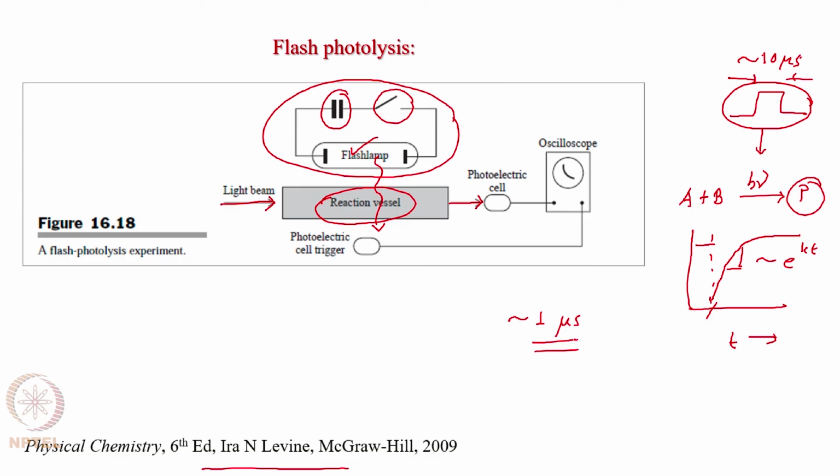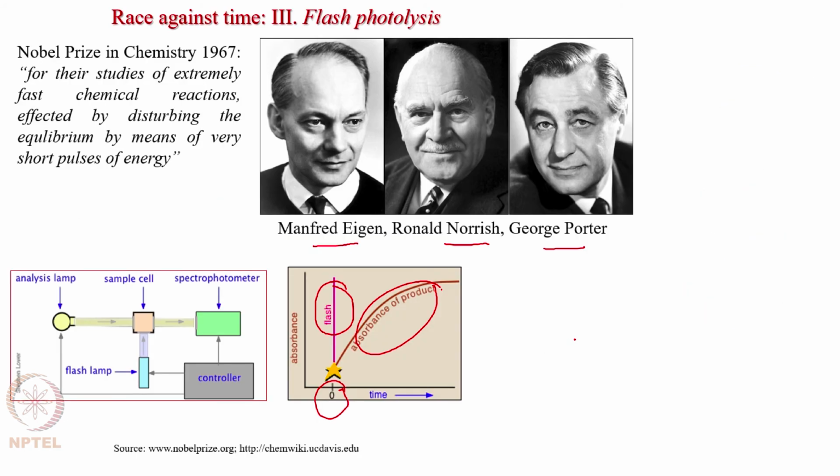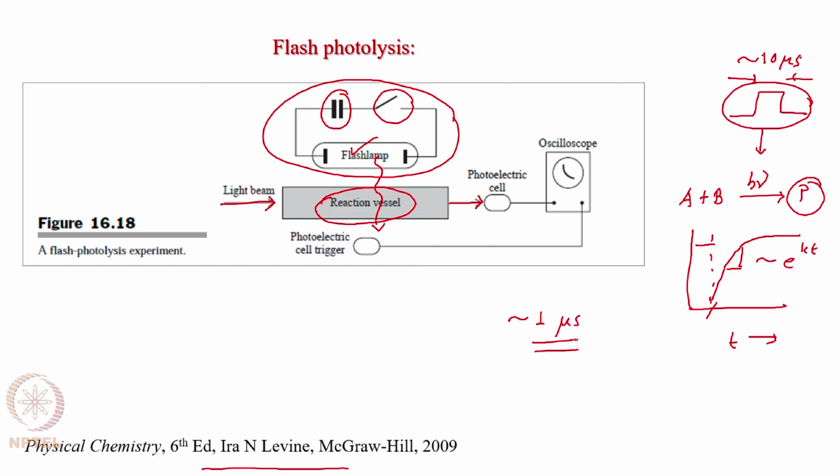Now eventually what Norrish and Porter developed, instead of using a flash lamp, they improved it to something known as laser flash photolysis. So instead of a capacitor based microsecond flash, they used a laser pulse to photolyze, where you can use a laser pulse of a few tens of nanosecond duration.